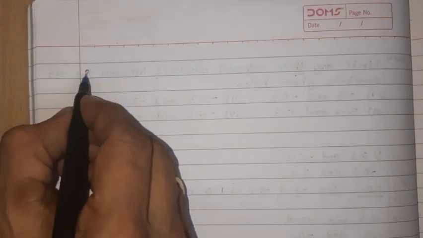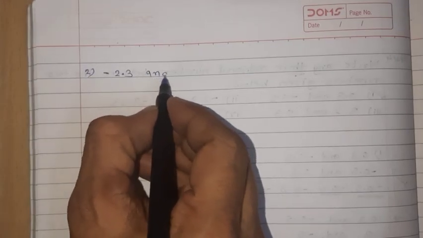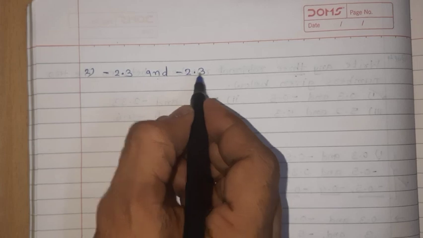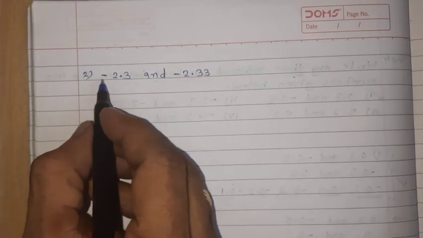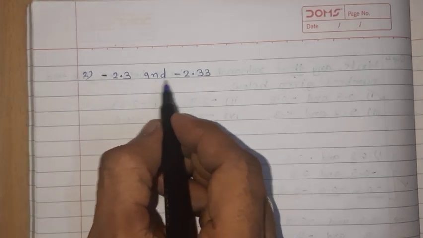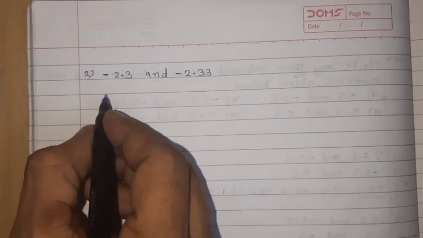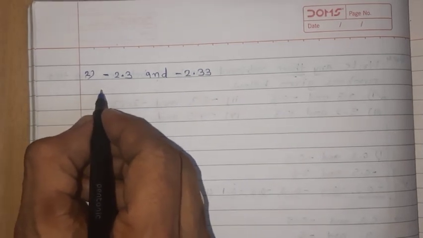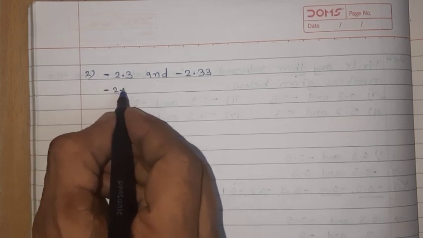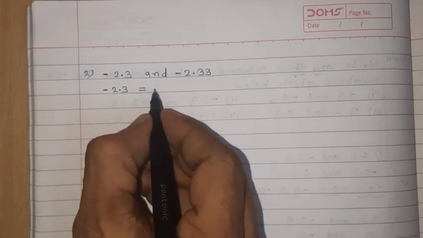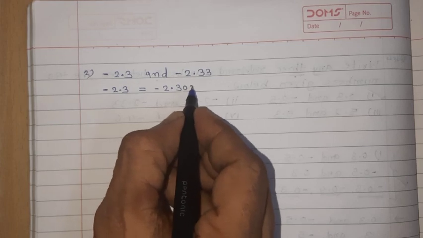It is minus 2.3 and minus 2.33. Now dear student, we have to find out three numbers between these two numbers. For that purpose, see here, I can write like this: minus 2.3 is equal to minus 2.300.